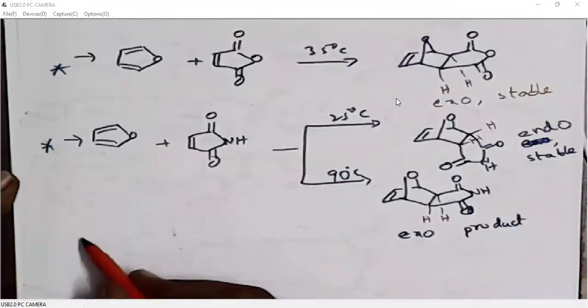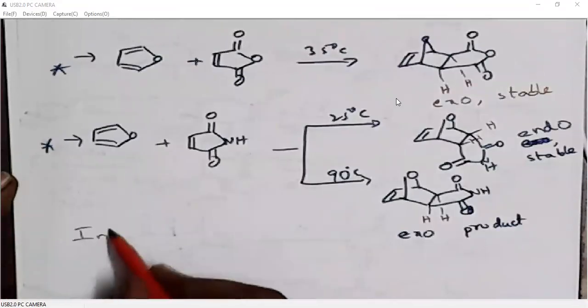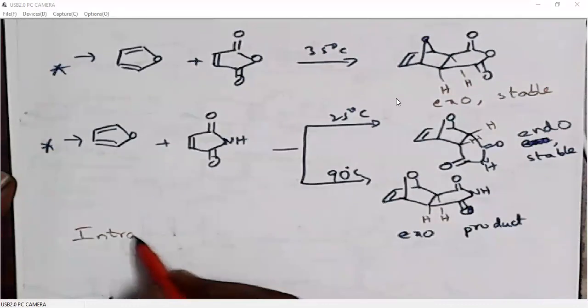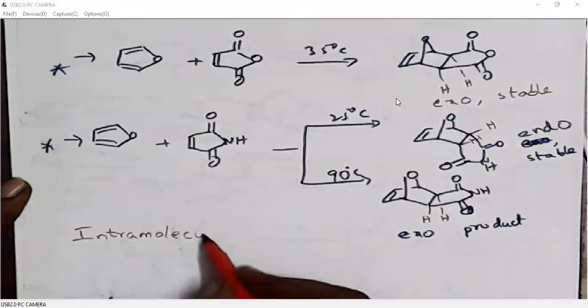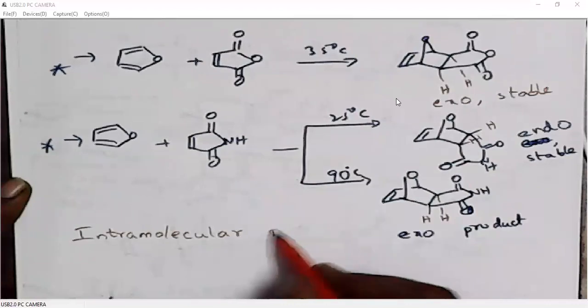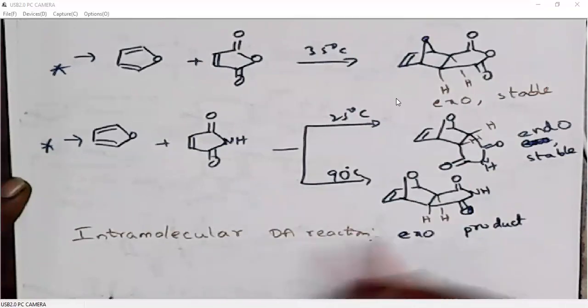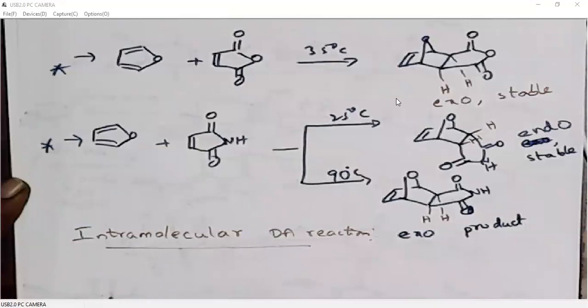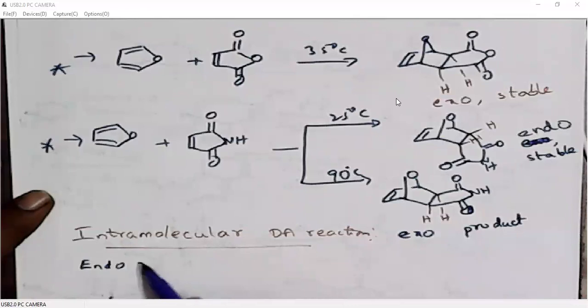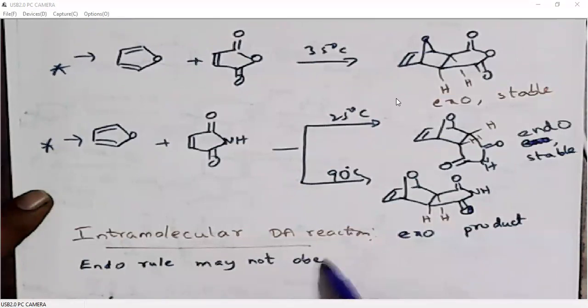Next, we will see intramolecular Diels-Alder reactions. In intramolecular Diels-Alder reactions, the endo rule may or may not be followed. Okay, it depends on the stability. So the endo rule may not be obeyed. It depends, not always.